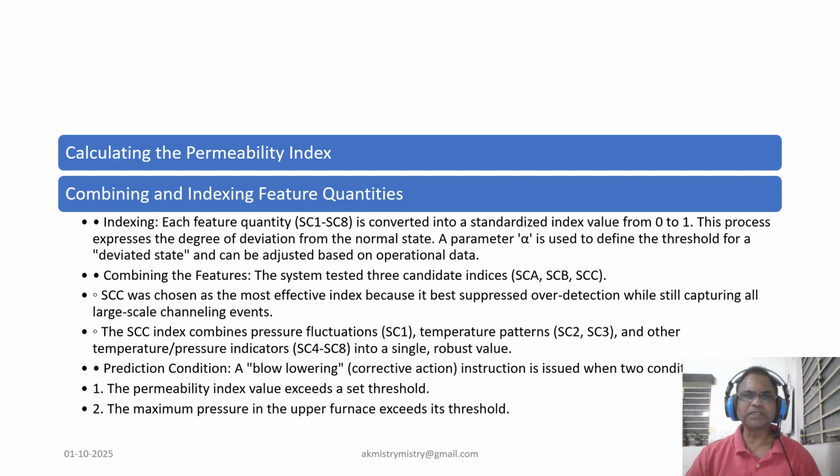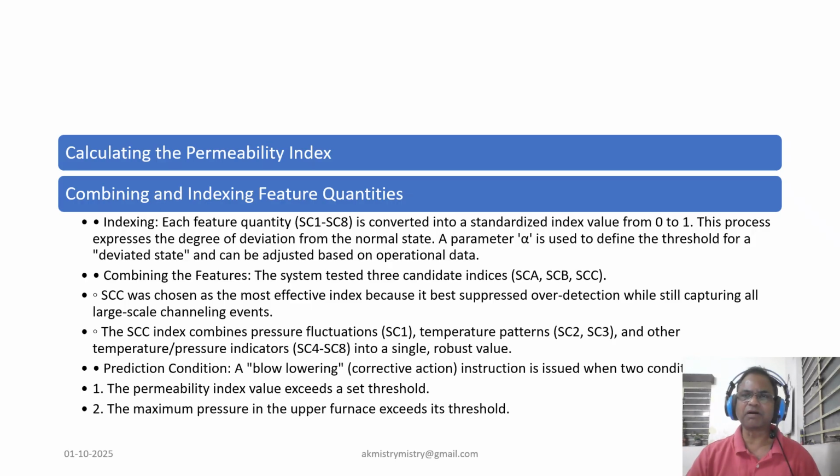Now calculating the permeability index and combining these features, each feature quantity SC1 to SC8 is converted into a standardized index value from 0 to 1. This process expresses the degree of deviation from the normal state.